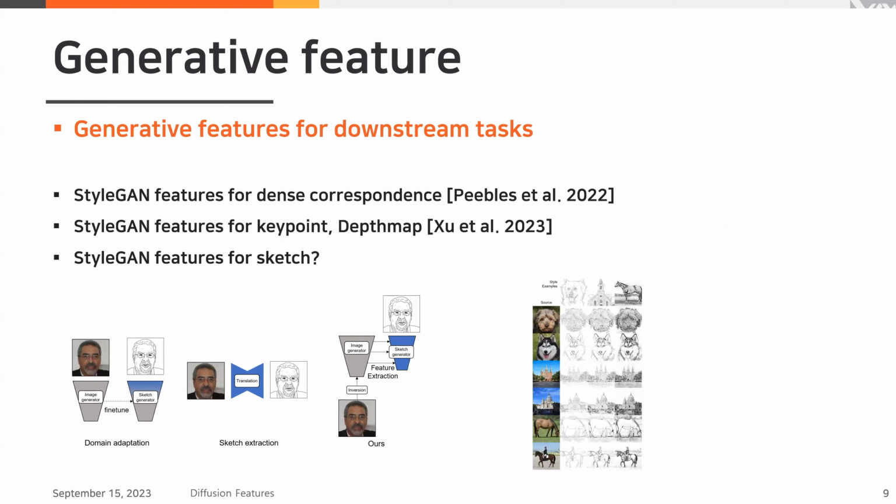Okay, I think it's the difference between generated features and the extracted features from the images. Sorry, it was hard to hear you. Okay, is it better? All right, yeah, better.